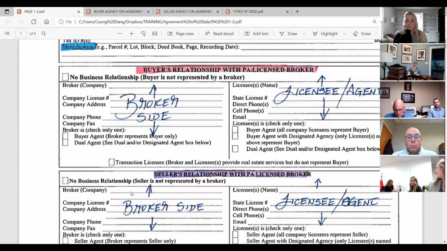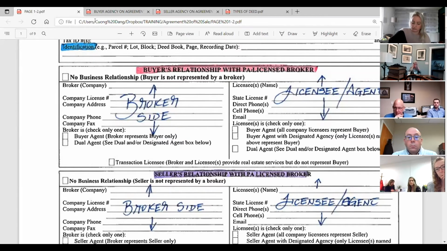Oh my gosh. We have been using buyer agent with designated agency regardless of the broker, every single time. Can you explain a little more in depth why that's incorrect? Sure. Let's go back to this scenario here.